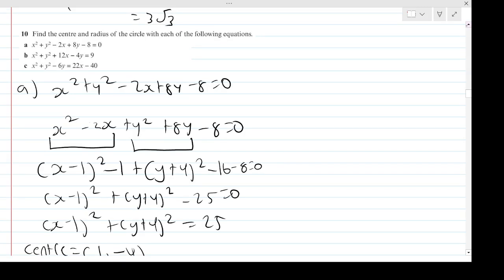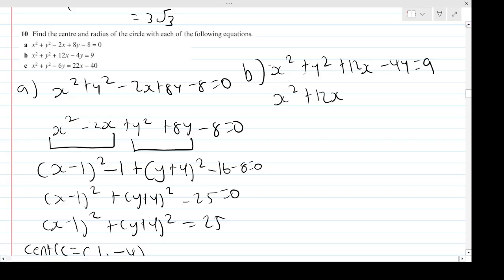Okay, part B then, we have x squared plus y squared plus 12x minus 4y is 9. Again, the same idea: we need to complete the square on the x and the y parts to get this in this bracket form. So we group the x parts together: x squared plus 12x, then plus y squared minus 4y equals 9.